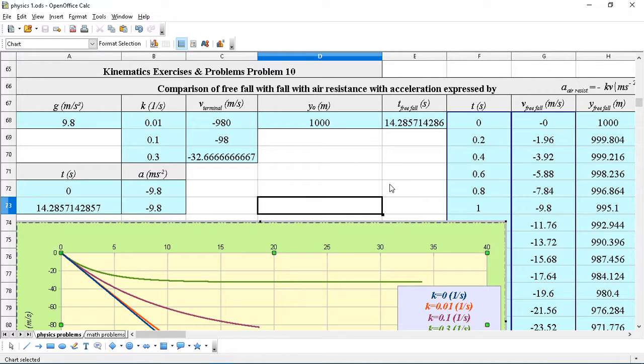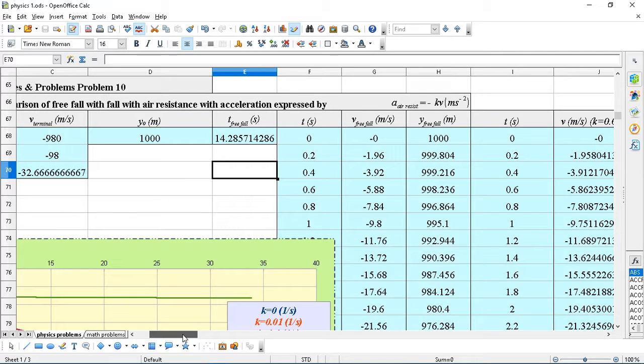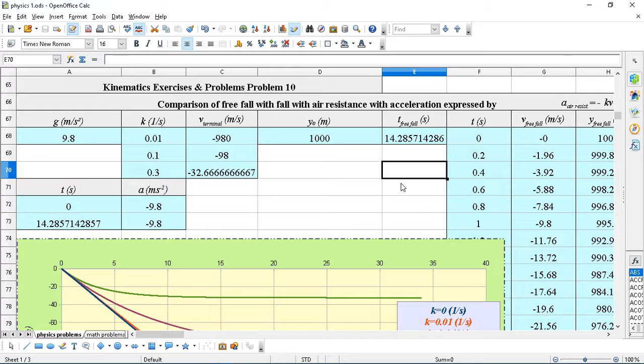And from there, a data table was elaborated, here was developed. Here we assume certain values for k.